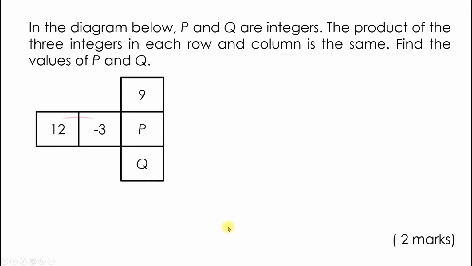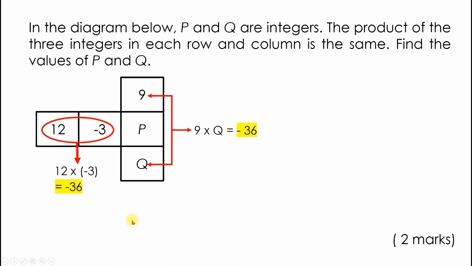So I want to first start off by taking these two numbers and multiplying them together to get the product of -36. I will then try to find the value of Q. So I want to think of the product of 9 and Q. What would Q be if I want to get the same product as here, -36?